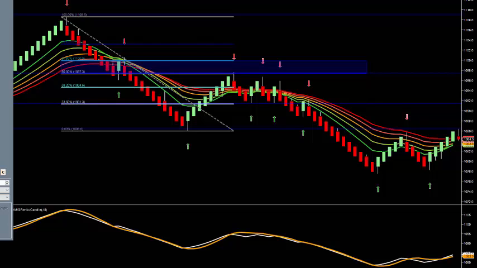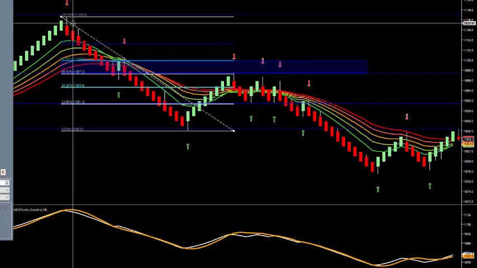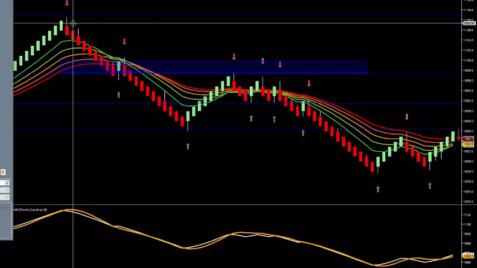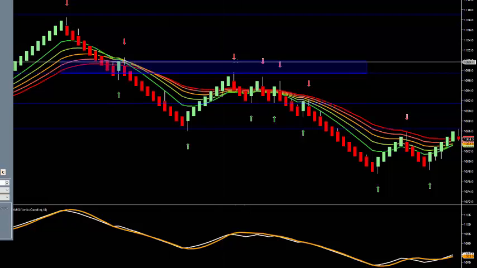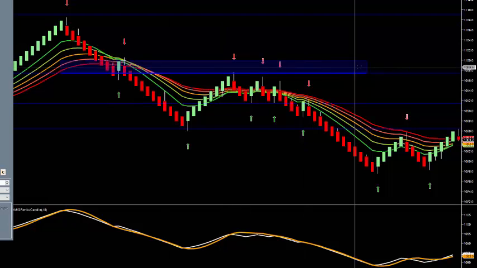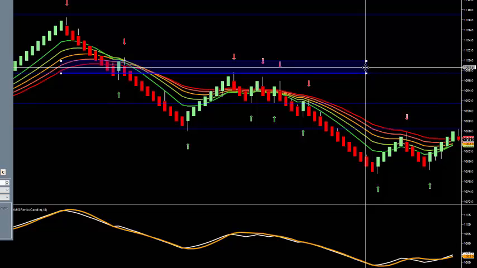So let's look at this. I have the Fibonacci here, but let me delete that real quick. A lot of people do things a little bit differently when it comes to the Fibonacci, and I'm not one to say which way is the wrong way or the right way, but Fibonacci to me is best used on either a larger time frame or moving average points.